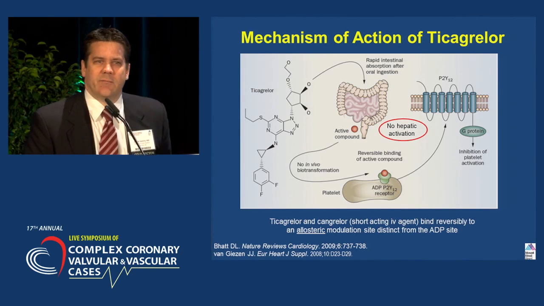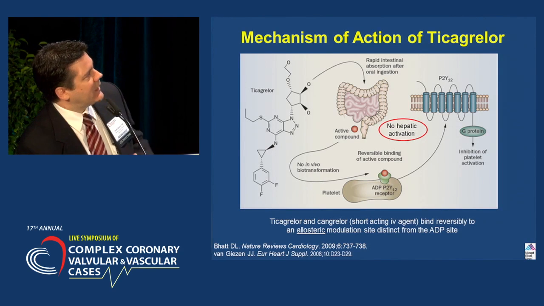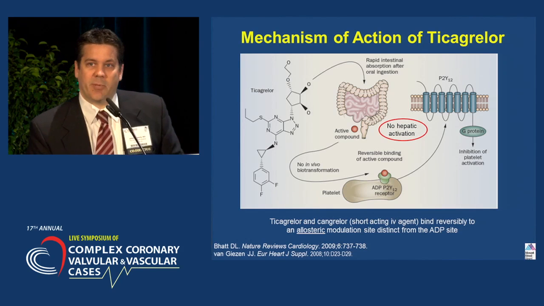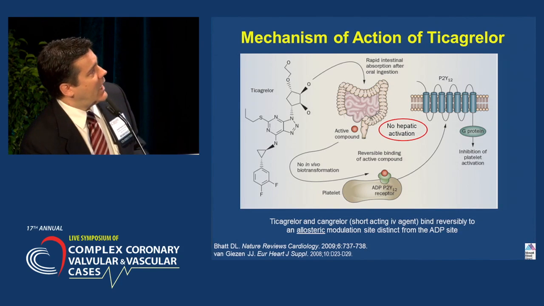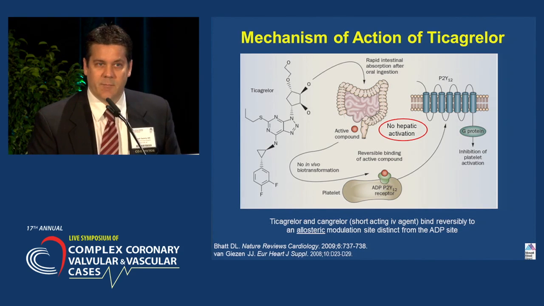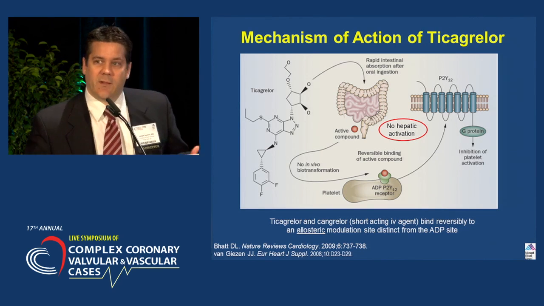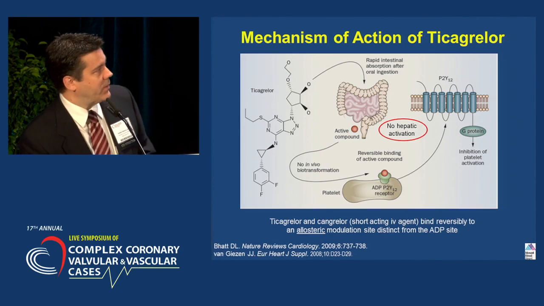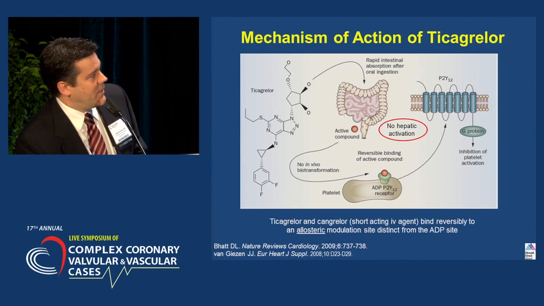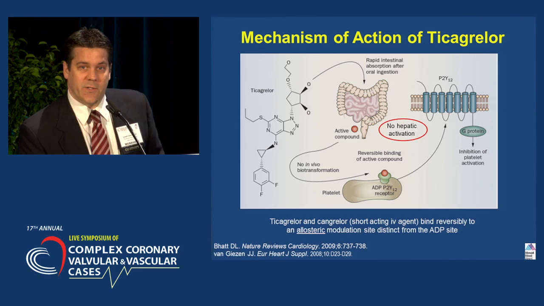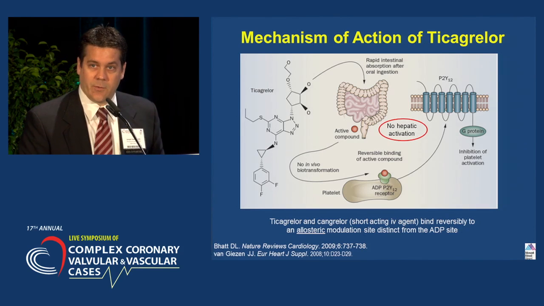Ticagrelor is the other agent many of you have heard of. It, like Prasugrel, has a much more potent antiplatelet activation. However, the nice thing about ticagrelor, it doesn't require that liver enzyme metabolism. So it doesn't have a lot of the drug interactions that we see with clopidogrel. In addition, it binds reversibly to the P2Y12 receptor, unlike Prasugrel or clopidogrel.